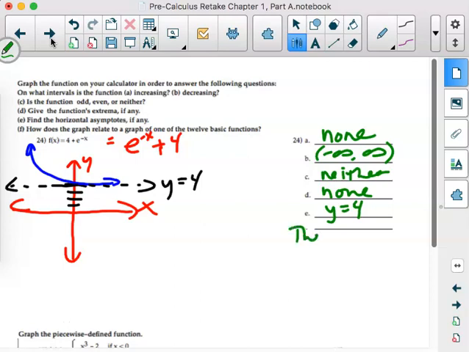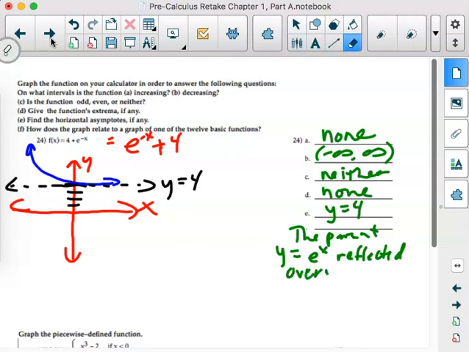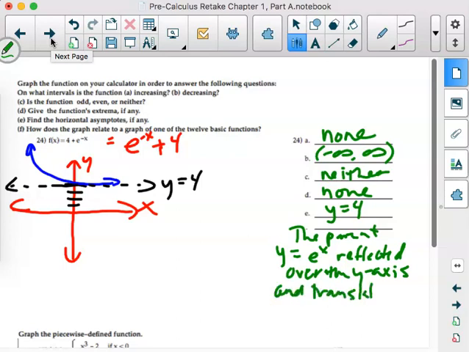So it is the parent, y equals e to the x, reflected over the y-axis, and that's because the negative is attached to the x, and translated 4 units up.